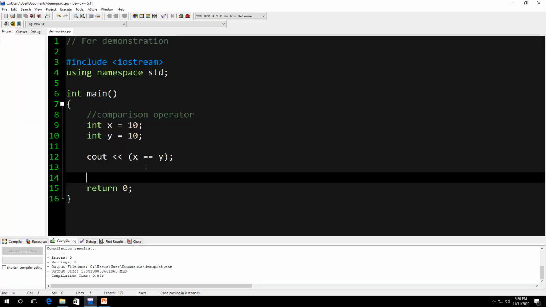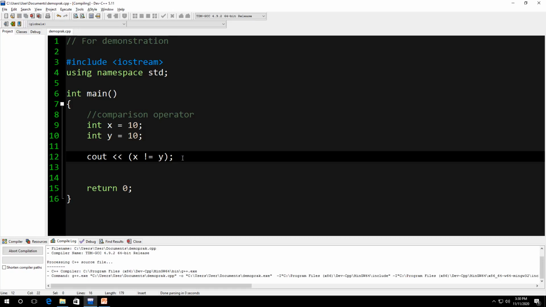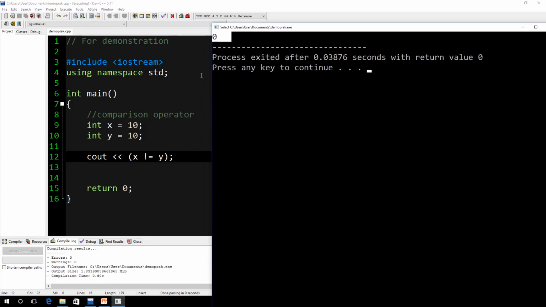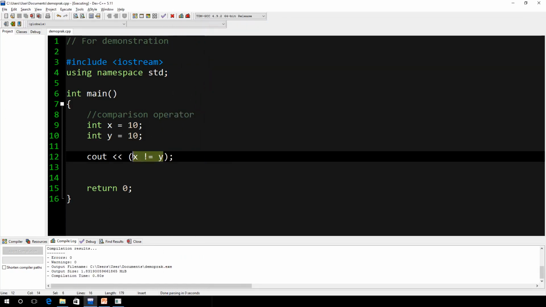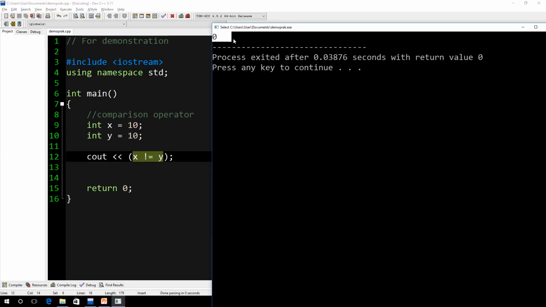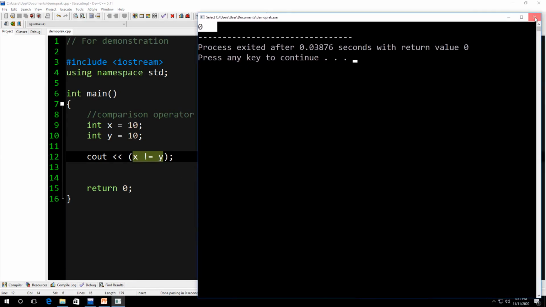This one, the not equal. Is x not equal to y? Since they have the same value, it will give you false instead, since they are equal. So you got false.